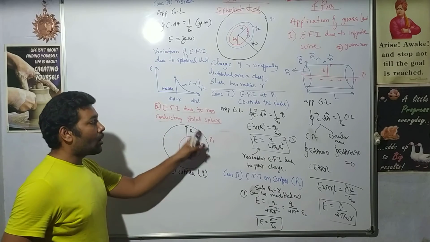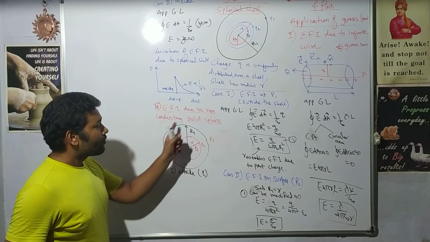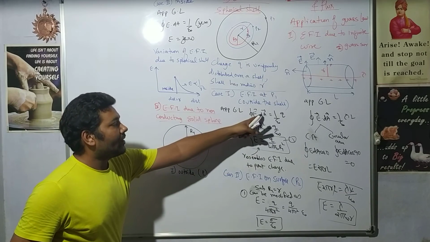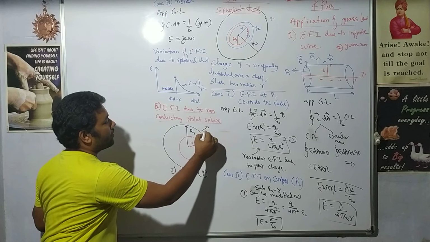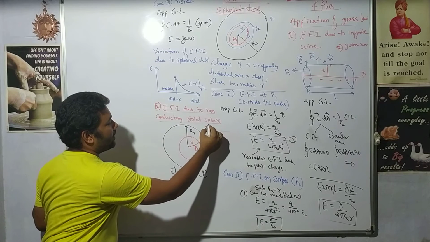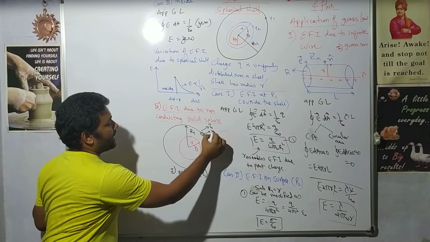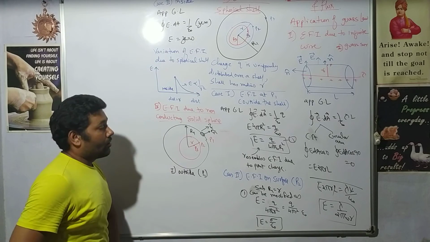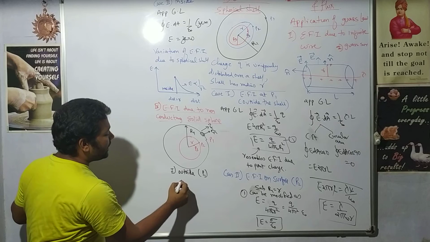That is the good thing about a spherical Gaussian surface, because the electric field is radially outward, and the area vector direction is also outward. So the angle is 0. So you can directly write E dA.